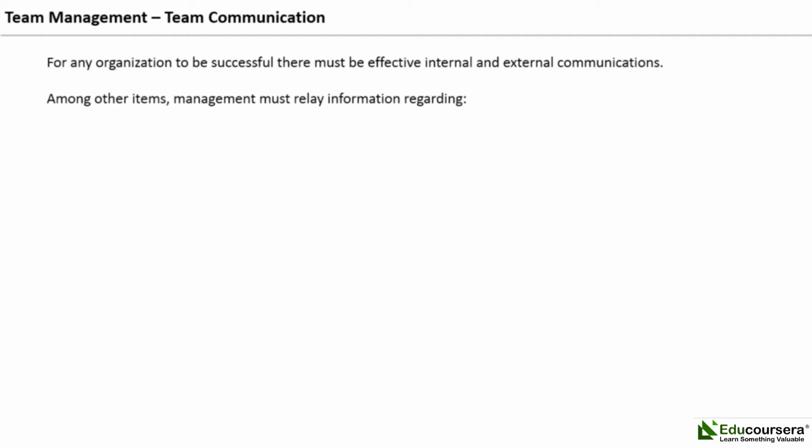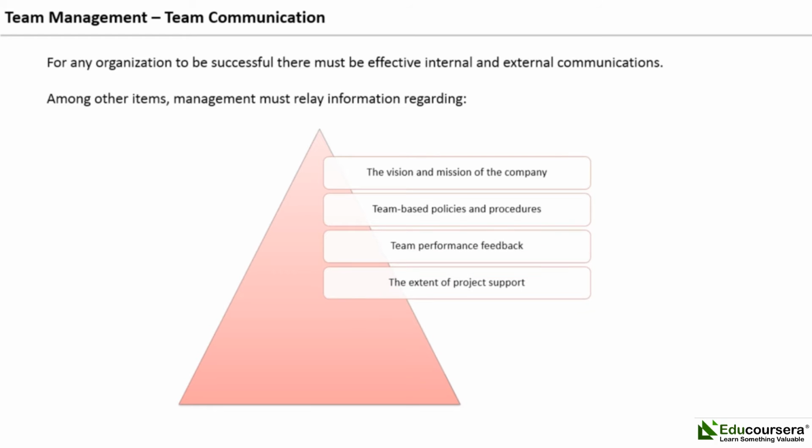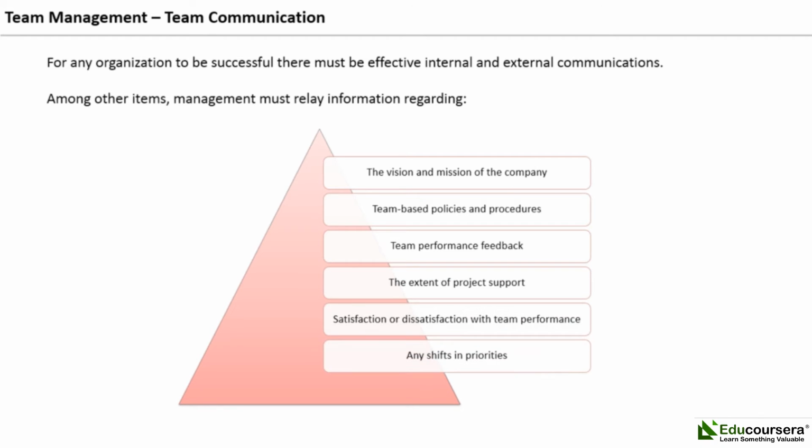Among other items, management must relay information regarding the vision and mission of the company, team-based policies and procedures, team performance feedback, the extent of project support, satisfaction or dissatisfaction with team performance, any shifts in priorities.